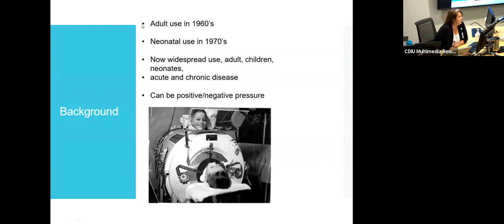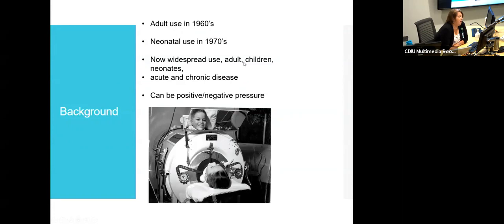Adults began using non-invasive ventilation very commonly back in the 60s, and then neonates, it was an easy application, an easy transition, because we would do it using not just masks, but small nasopharyngeal tubes in the 70s. So now I'm starting to date myself because I was around for some of these things.